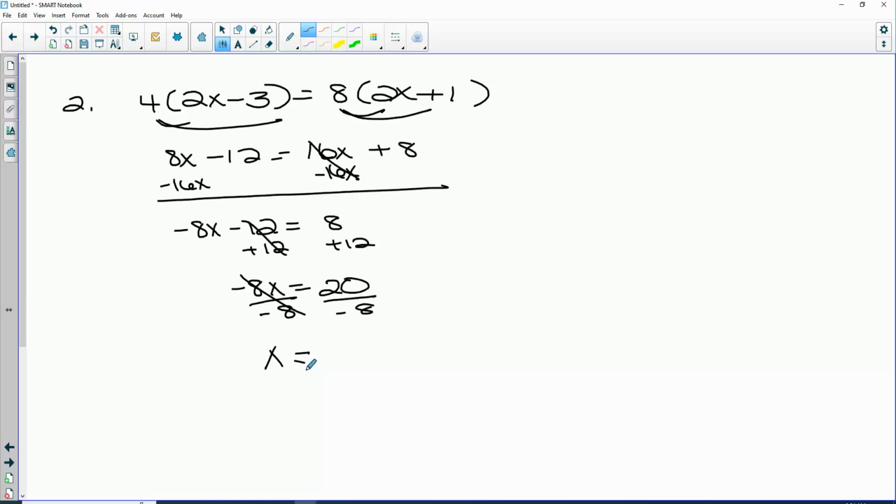Negative 5 halves, or negative 2.5. So it's okay if your answer isn't a whole number. That one okay?